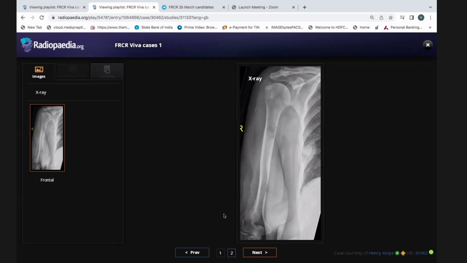Frontal radiograph, right shoulder, showing normal bone density with no fracture line, mild acromioclavicular arthritic changes with calcific tendinopathy at the insertion of the supraspinatus.